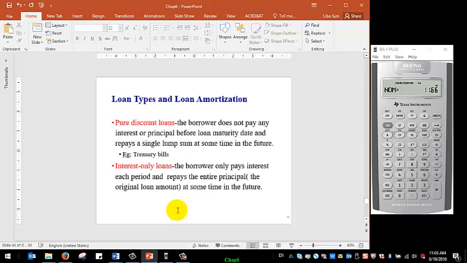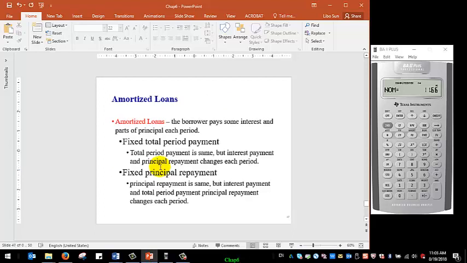Lastly, I'm going to talk about types of loans. They are pure discount loans, interest-only loans, or amortized loans. A pure discount loan has no interest payment, and no principal is ever paid until the maturity date, while interest-only loans pay interest every period, and the principal will be paid off in the end, just like a corporate bond.